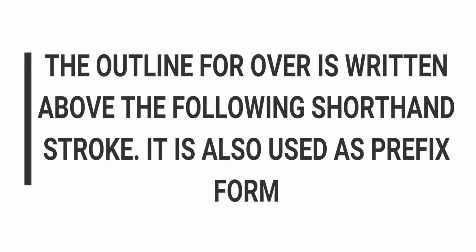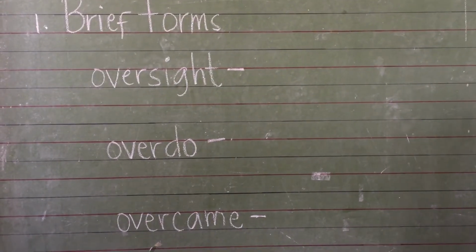The outline for over is written above the following shorthand stroke. It is also used as a prefix form. We have three examples for this.